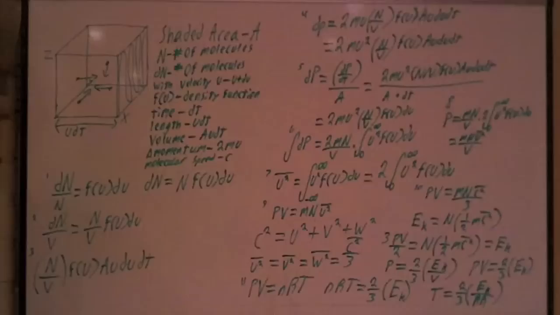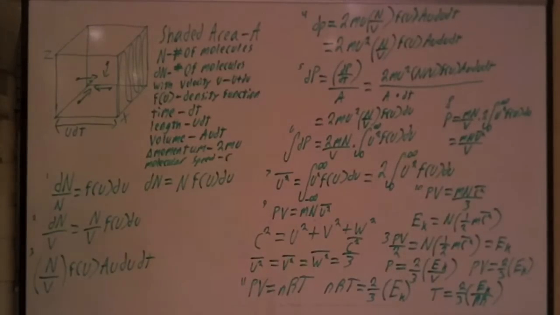Now, since this is in the x direction, each of these molecules actually has a velocity in the x direction, y direction, and the z direction. I'm going to say that in the x direction, it's u squared. In the y direction, it will be v. And in the z direction, it will be w.